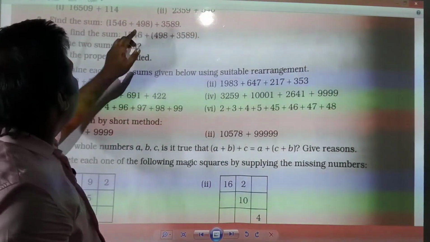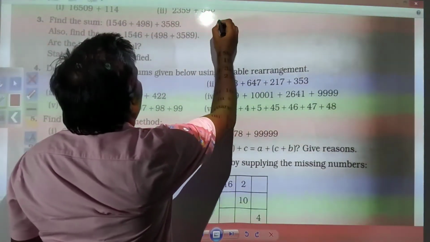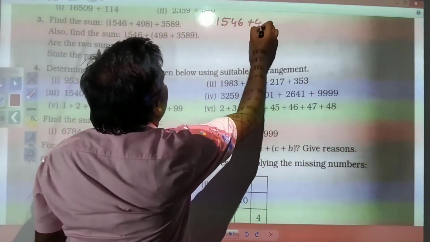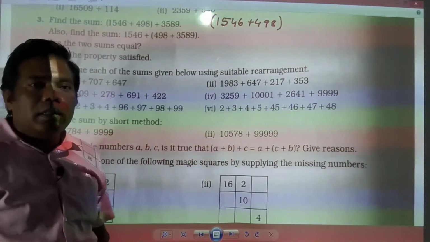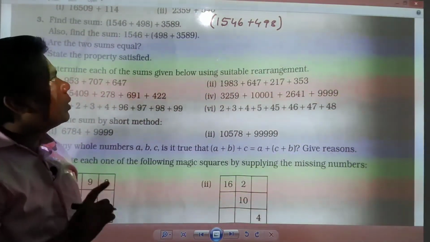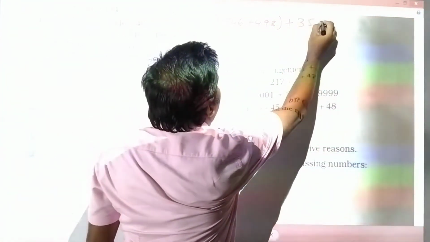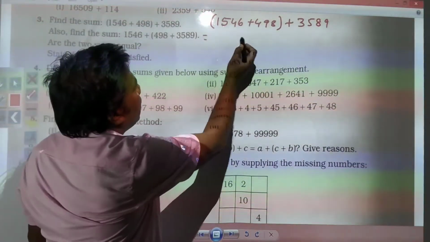So here you have 1546 plus 498, which is in brackets, so it is required to simplify it first. Plus 3589. You add this. How will you solve this?